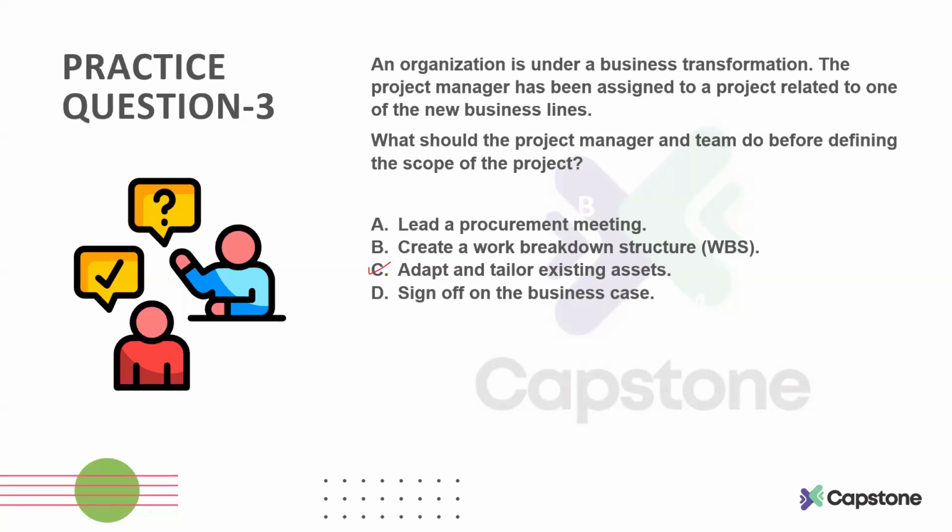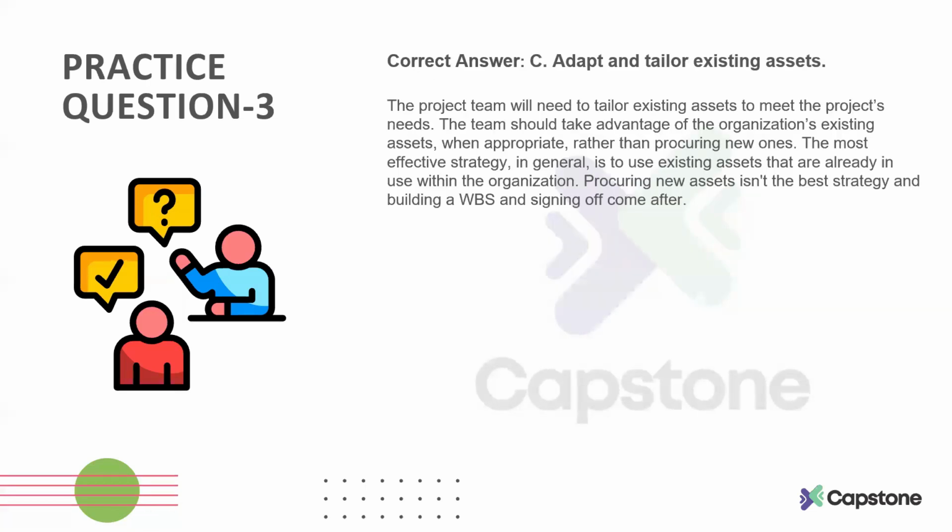And why? Because when you are starting a new project, or you are joining or working on a new project, the first thing that may help you is whatever existing processes or existing knowledge you have, the OPAs, the knowledge repository within the organization.